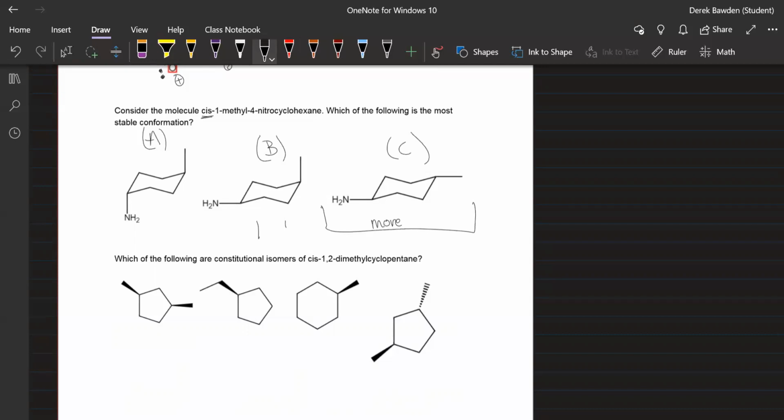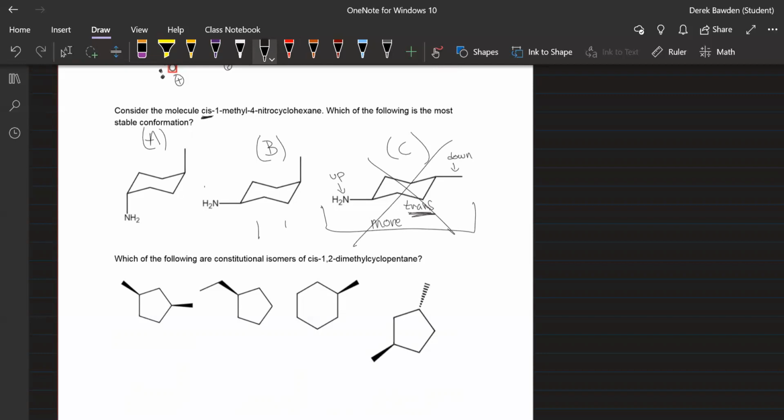But our problem asked for cis, so they need to be going the same way. This amine group is going up and this CH3 is going down, so that's trans to each other. So this isn't even a valid structure.